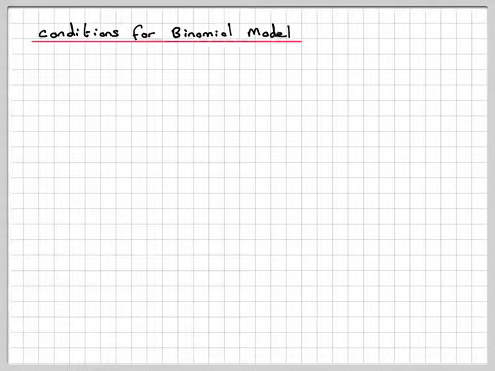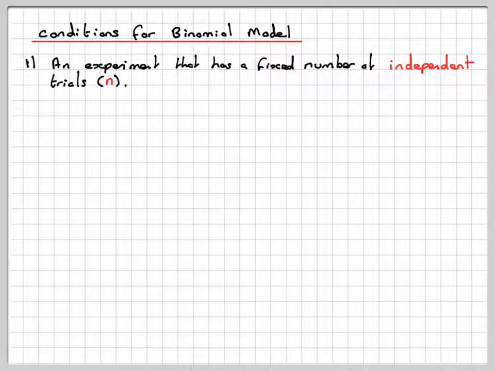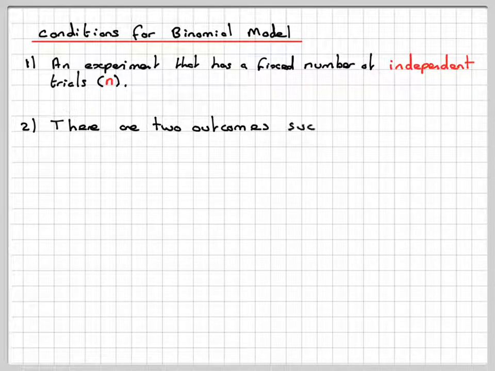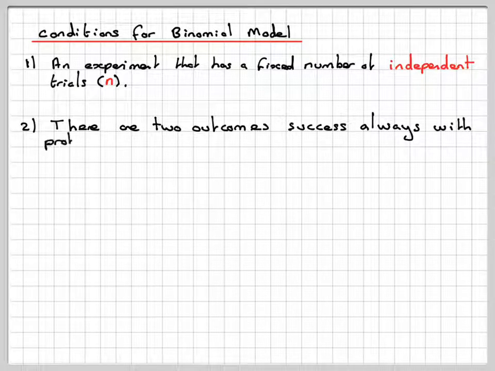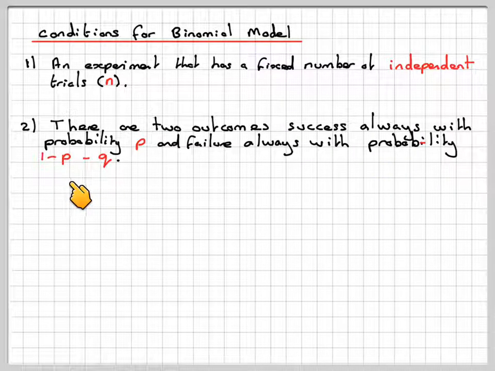So, in conclusion, the conditions for a binomial model are: an experiment that has a fixed number of independent trials, i.e. n was 6 in my example, and there are two outcomes: success, always with the same probability of p, which was 1/4 in my example, and a failure with a probability of 1 minus p, which was equal to q.